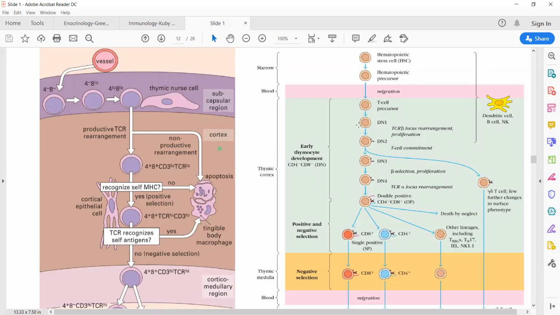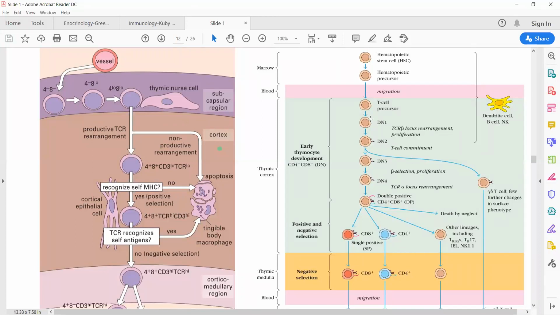However, another thing to be noted is that the CD3 molecules of the T cell receptor have not yet been upregulated, and the signal transduction pathway that is operating within the T cell is the Notch1 signaling pathway. This is for noting. It is the Notch1 signaling pathway that is now operative within the T lymphocyte.